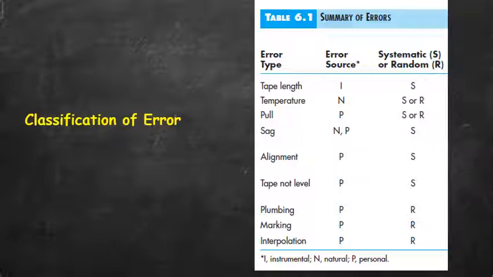It depends on what methods you use and the proper execution of how to use the tape. So it depends on the person who is holding the tape. Okay.